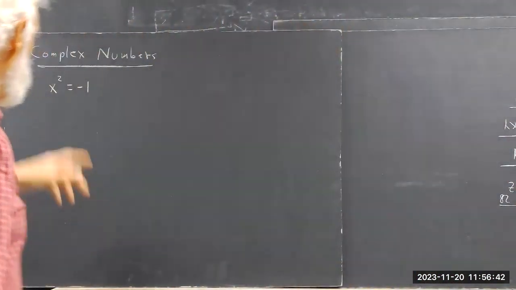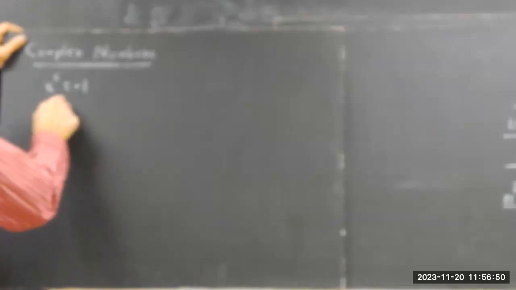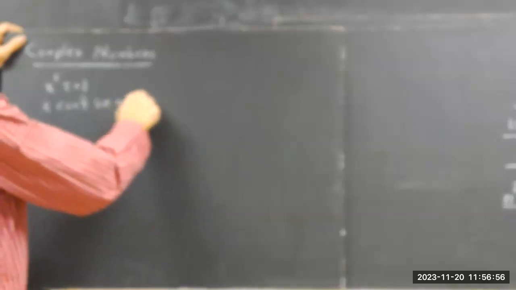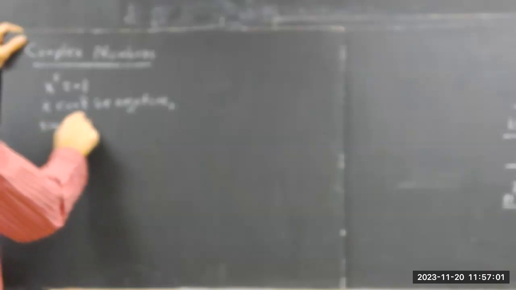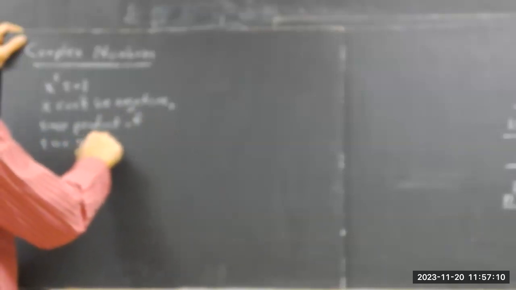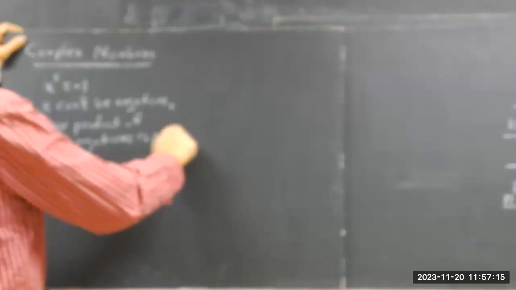So the number you square to get -1 can't be negative, because the product of two negatives is positive.